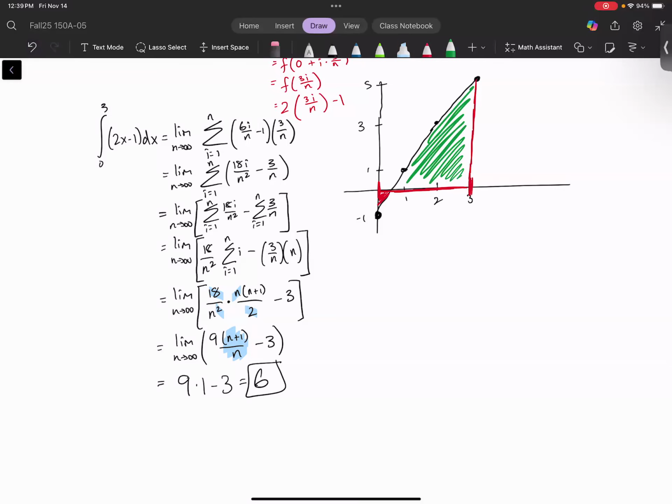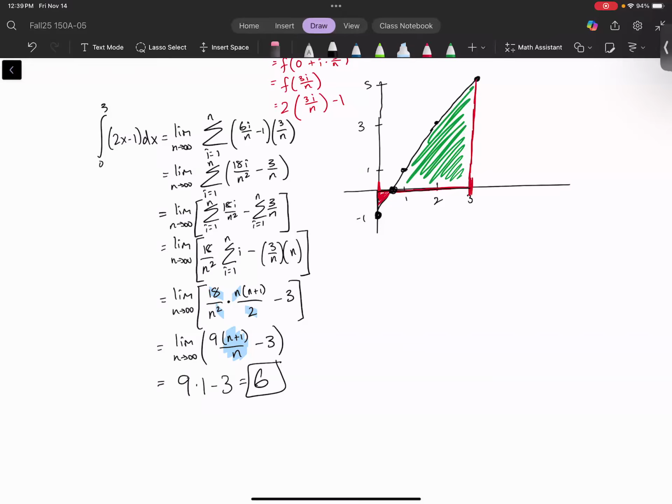Notice though, those are triangles, right? So we could have actually done the area the normal way. I won't do that, but let's just take 30 seconds to do it. I need to find the base for my triangles and the heights.